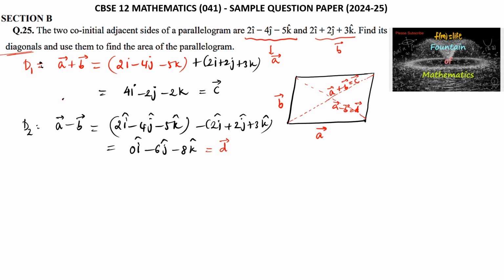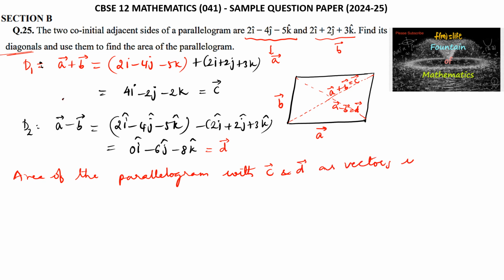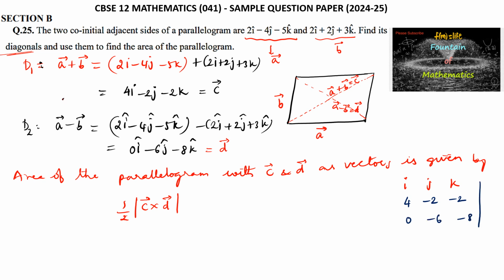So when diagonals C and D are given as vectors, the area of the parallelogram is given by half mod of C cross D, that is half the determinant of C cross D. So let's find the determinant of it. i, j, k, and C vector is having 4, minus 2 and minus 2, and D vector is having 0, minus 6 and minus 8. Let's find the determinant.